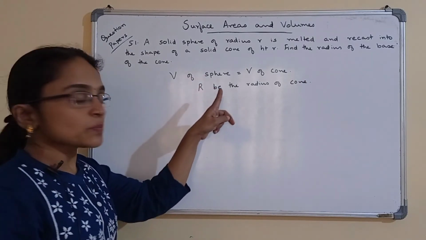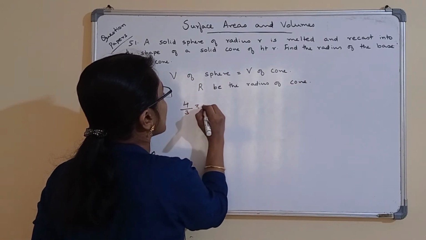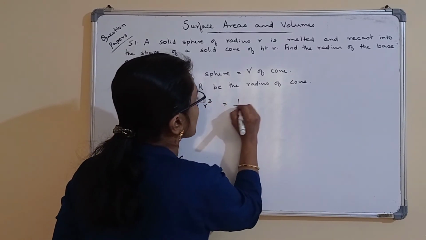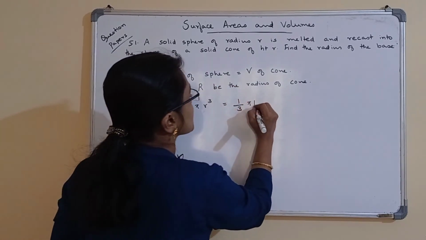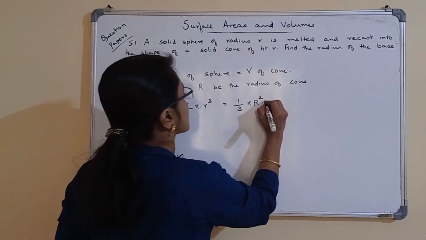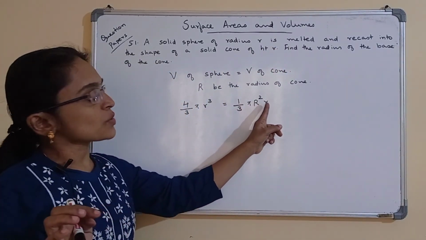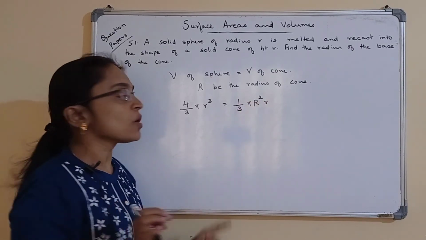And what is volume of sphere? 4 by 3 pi r cube is equal to volume of cone, which is 1 by 3 pi, capital R is the radius of the cone, so R square into h, which is small r. So 1 by 3 pi r square h can be written as 1 by 3 pi capital R square into small r.